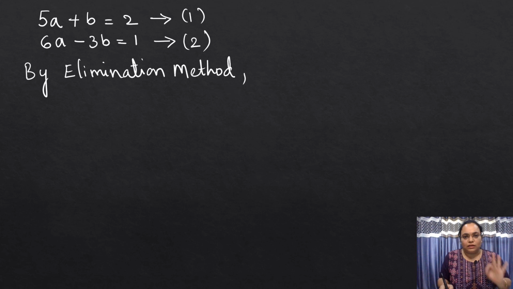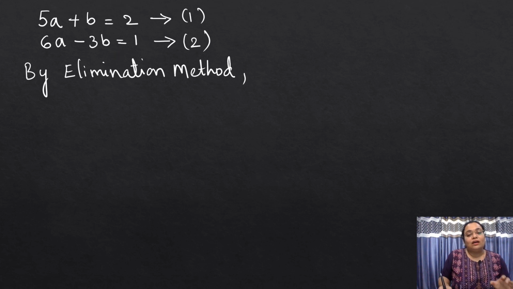From the three methods, elimination method is simple. So I am using elimination method to solve the problem. Okay. If you see equation 1 and 2, the coefficients of variable a and of variable b, are they equal? No, they are not equal, right? So we will make them equal.